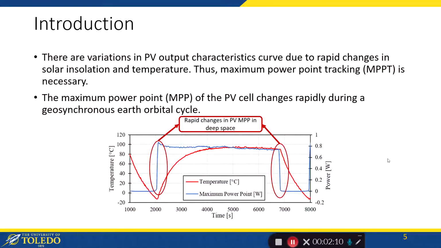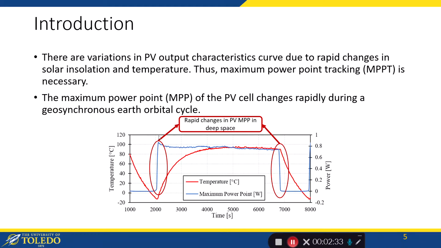Here we see a chart showing the maximum power point from a PV cell that was recorded during a geosynchronous Earth orbit cycle. At the two points that I have highlighted here, we see that there are rapid changes in the maximum power point.